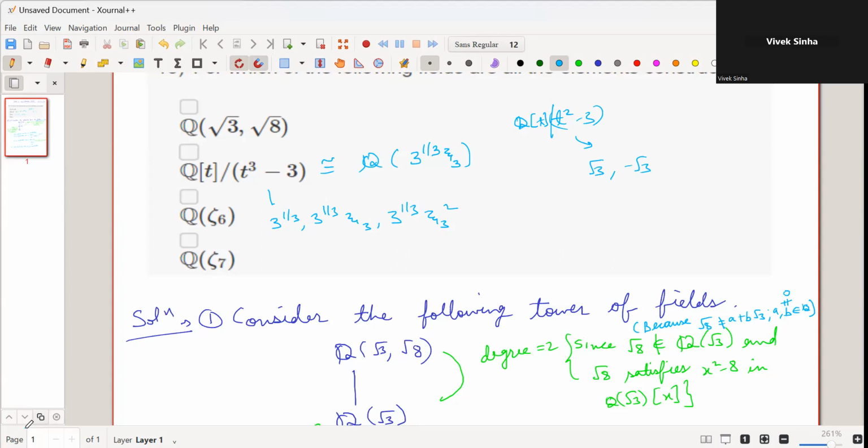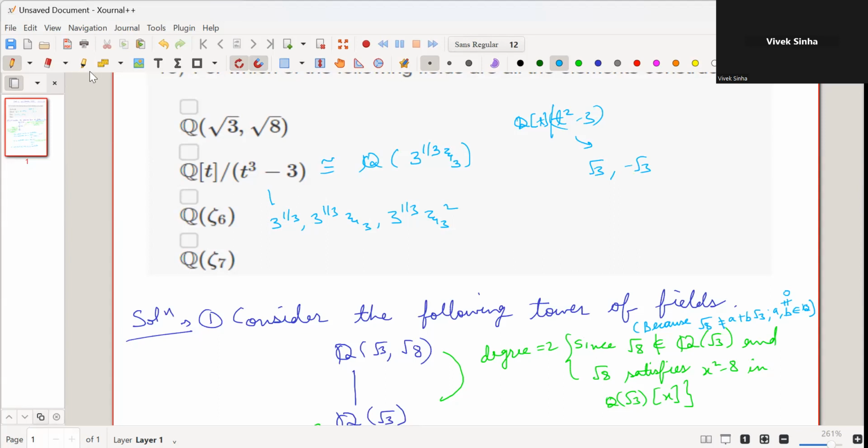This 3^(1/3) won't generate these two. These two are complex numbers. So as a field, whether we can write it like this or not, this is a bit doubtful for me.